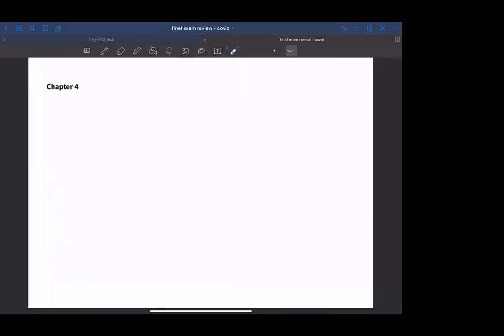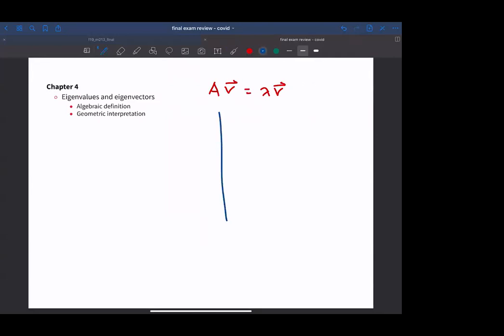Nope. All right. So chapter 4 is where we started eigenvalues and eigenvectors. Now remember, there's an algebraic definition involved here. An eigenvector is a non-zero vector that satisfies this equation for some scalar. But we also have a geometric way to think about eigenvalues and eigenvectors.